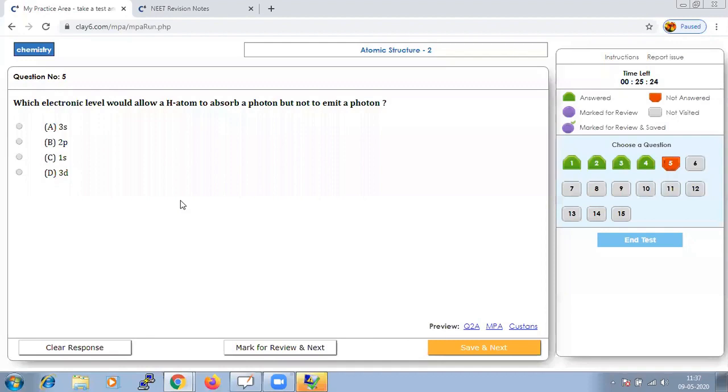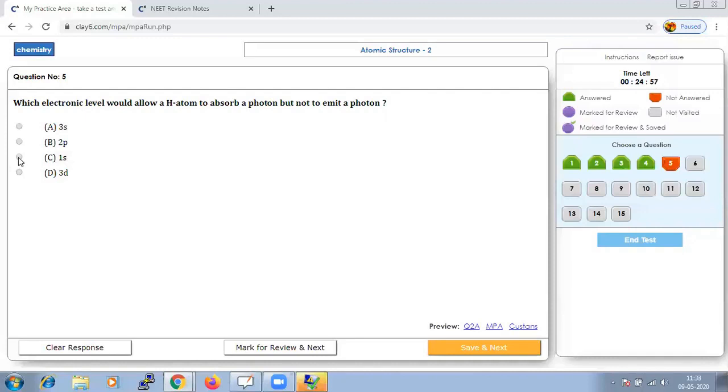If I talk about the ground state, that is level 1, the H atom will have the tendency to absorb the photon. But since it is at the ground level, it cannot emit a photon. That means it can reach a higher level by absorbing a photon, but there is no lower level, so it cannot emit a photon. So immediately you can come to the conclusion that it is your 1s.